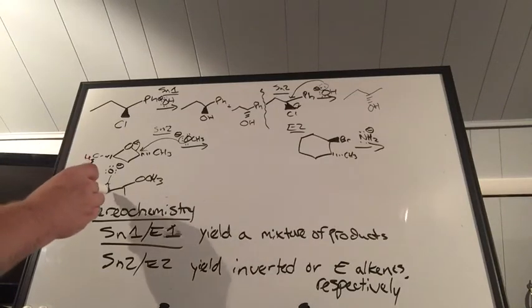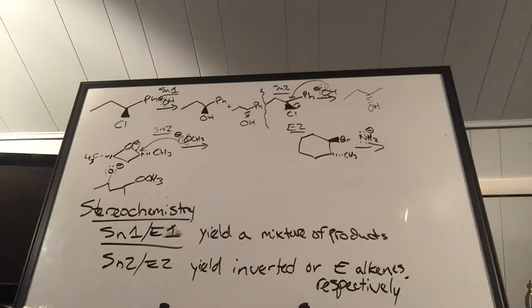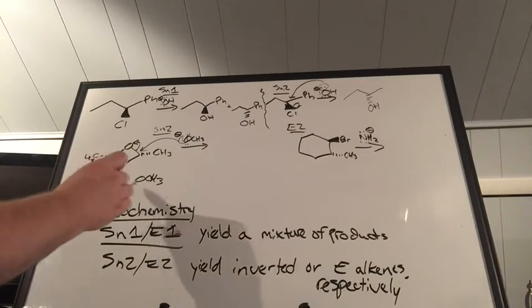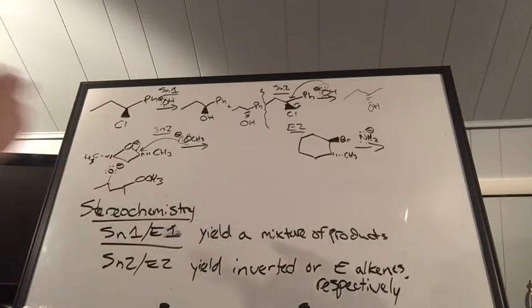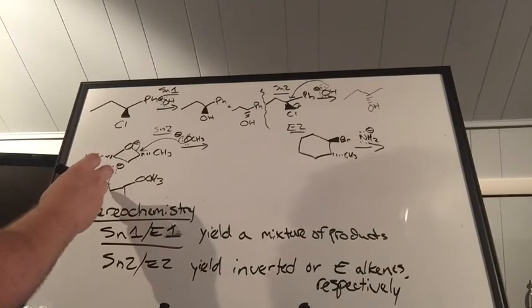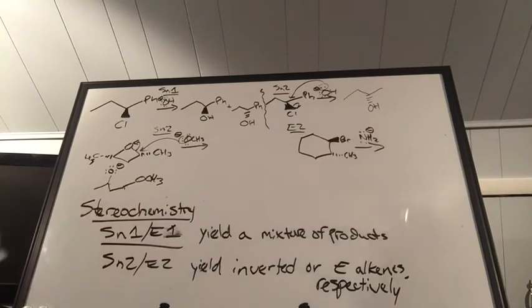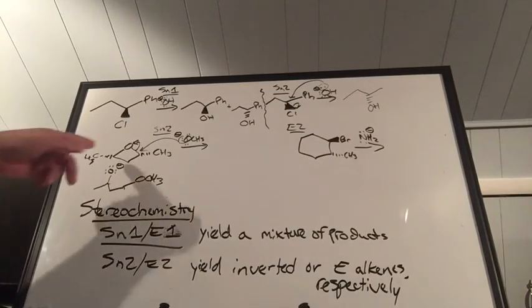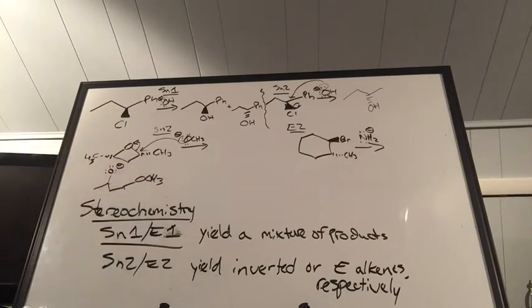So, since there is this CH2 here, you're still going to have some stereospecificity. In other words, you're not going to get a mixture of products anyway, because remember that you have the CH3 here and this CH3 here, so there's going to be some symmetry involved.